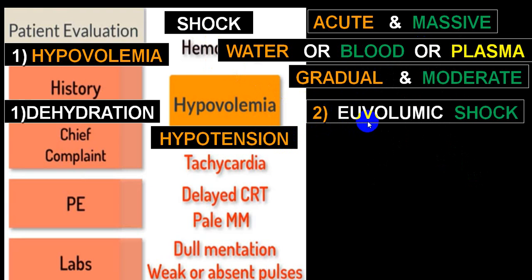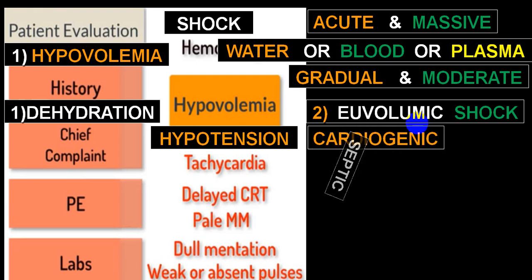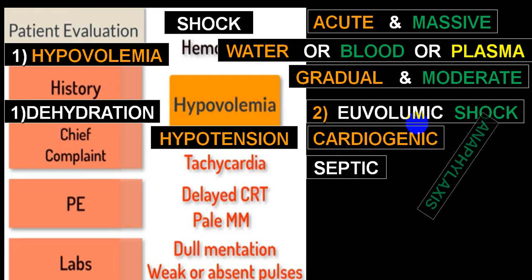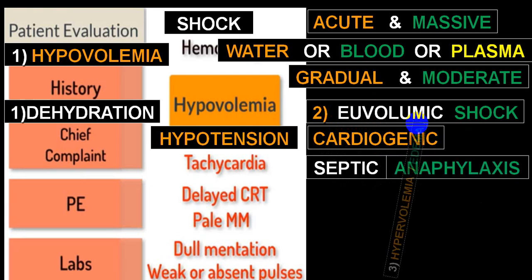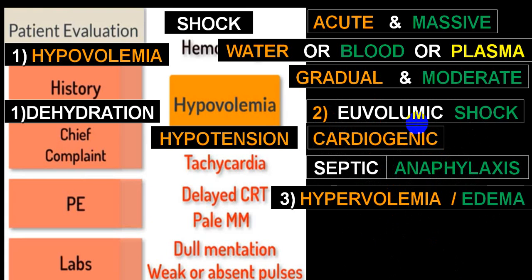You will have some group of people who will come with euvolemic shock stage. Very frequently these are secondary due to cardiovascular disease, say classical example acute MI, or say maybe septic shock, etc. So cardiogenic, septic shock, anaphylaxis, or they may be fluid overloaded already, where they will have edema, JVP elevated, ascites, etc. We call hypervolemic people.